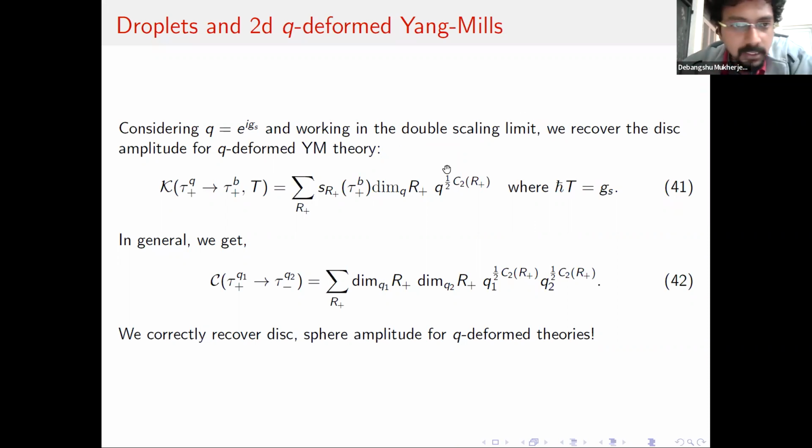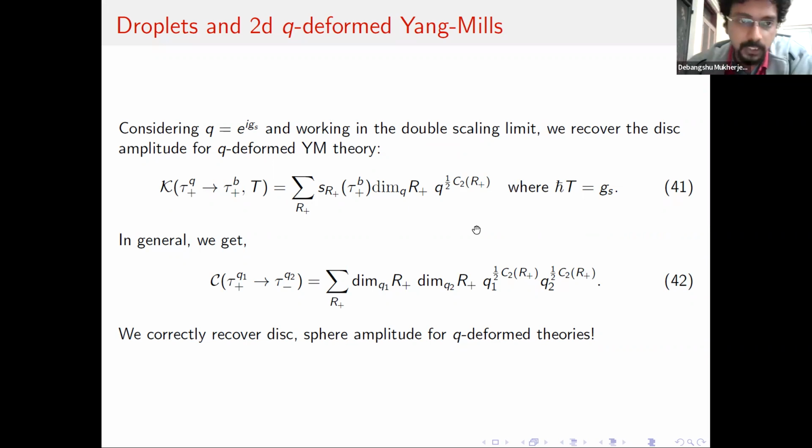What you recover in this limit is the disk amplitude of q-deformed Yang-Mills theory, where there will be factors of g_s here. There is a typo, and this g_s can be mapped to h-bar t, t being the time of propagation.